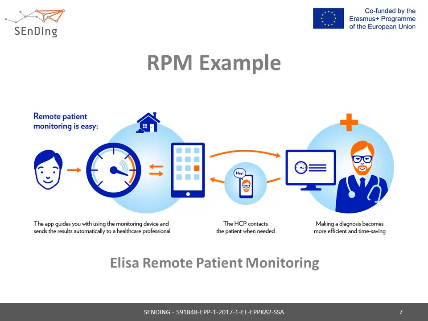The patient possesses the smartphone application and the Bluetooth-enabled measurement device, whereas the healthcare professional uses the management and monitoring interface. The measurements needed are collected from the smart device, which is connected to the smartphone application, and through the internet connection the data are sent to the interface. The healthcare professional is able to monitor the result and provide further instructions if needed.